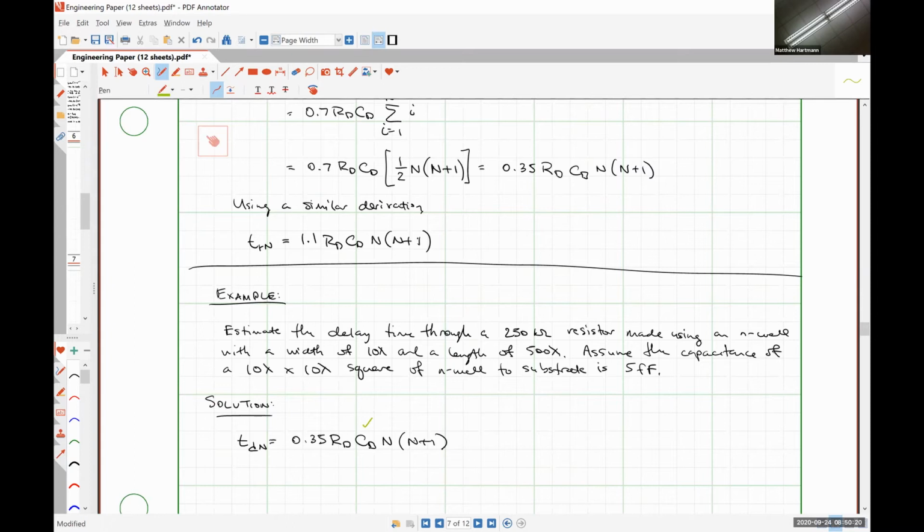But we don't know what N or R square is. So how are we going to figure out what either of those quantities are? Using the equation from a lecture ago.